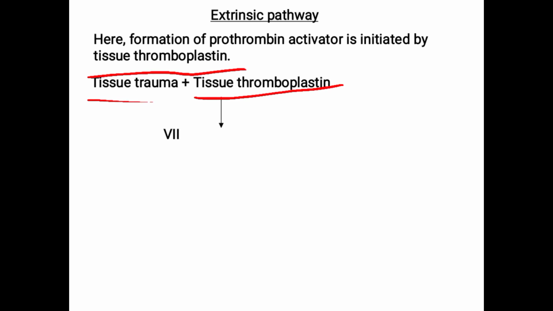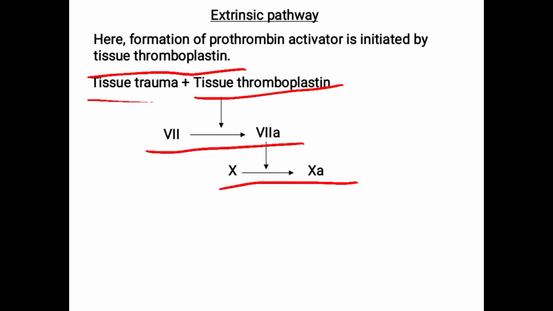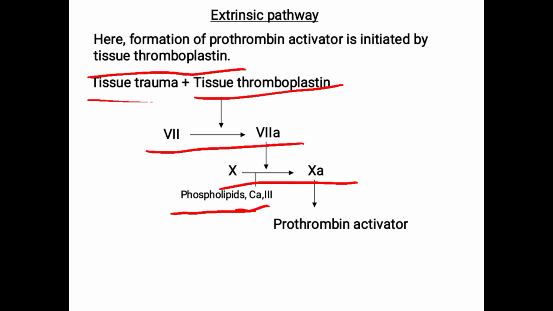This will activate factor 7, converting it into factor 7a. This factor 7a activates factor 10, okay. Factor 10, in presence of phospholipids, calcium and factor 3, activates the prothrombin activator.